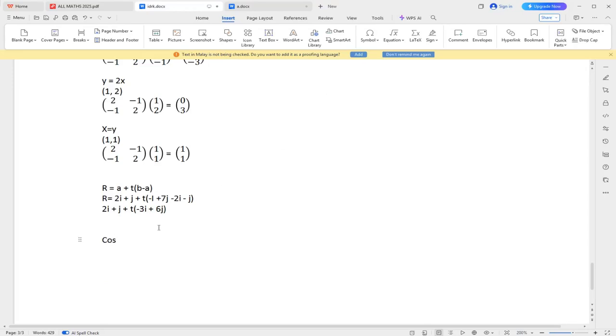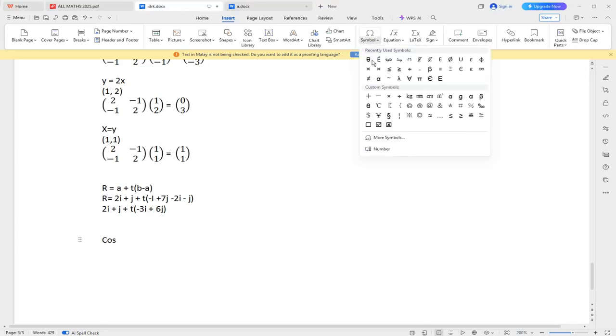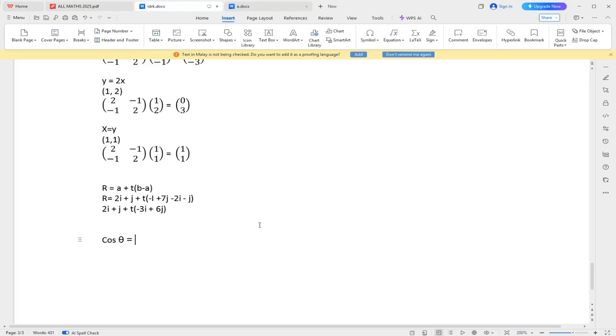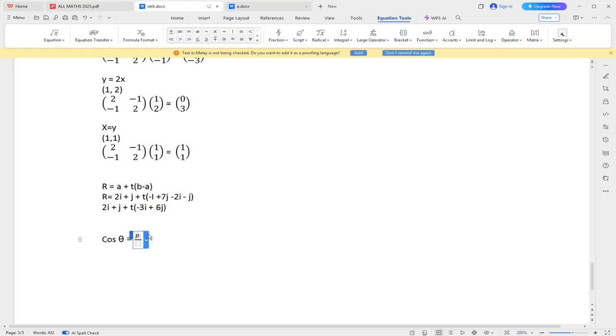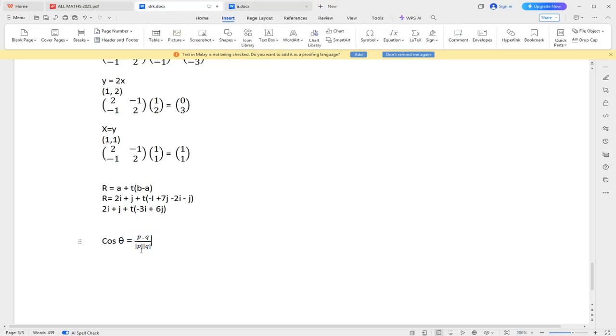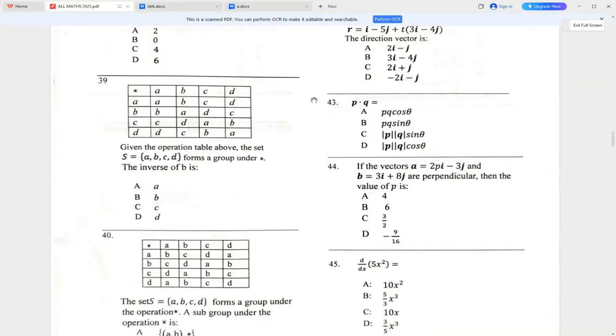Say the angle equals theta, then cos theta is equal to P dot Q all over the modulus of P times the modulus of Q. From here we can understand that P dot Q is equal to the modulus of P times the modulus of Q cos theta. So looking at our answers, we have modulus of P, modulus of Q cos theta, which is D for question 43.